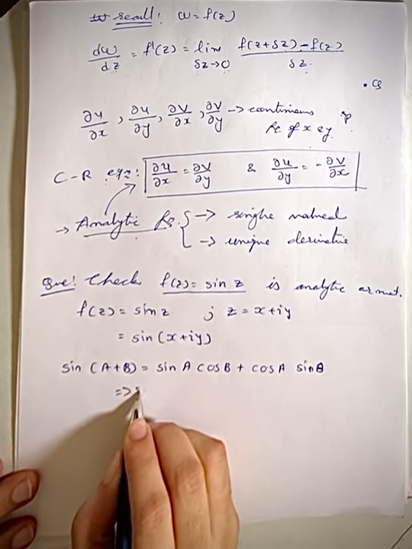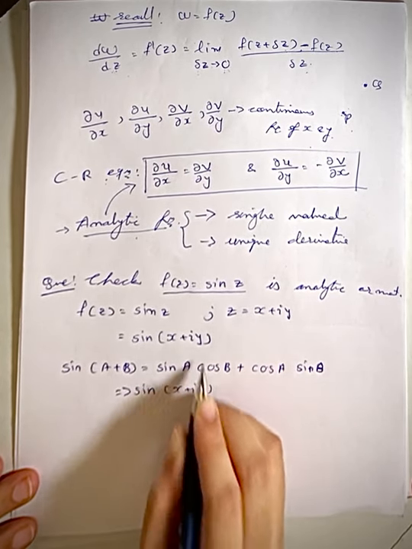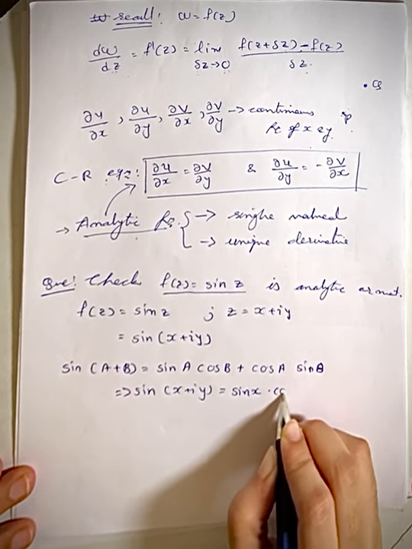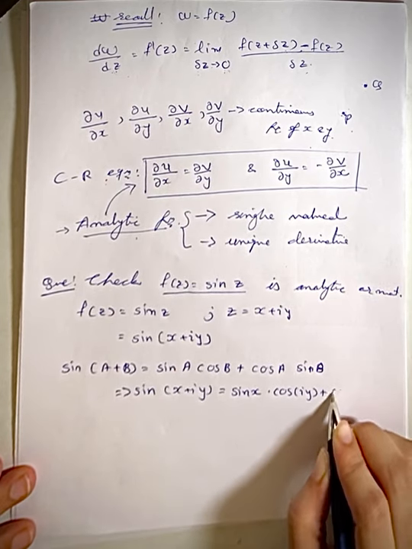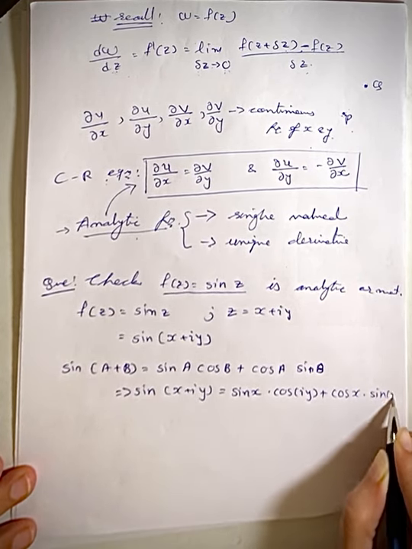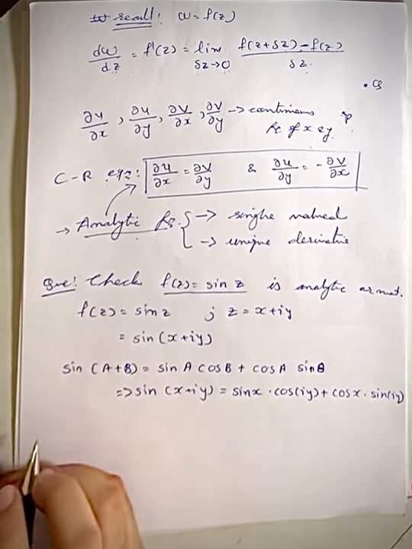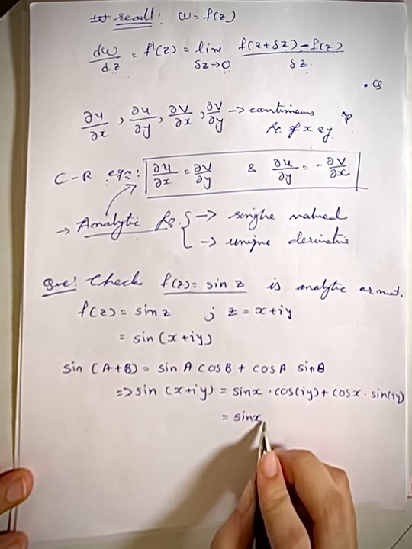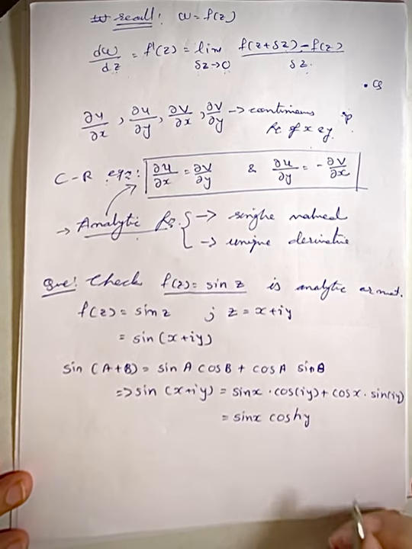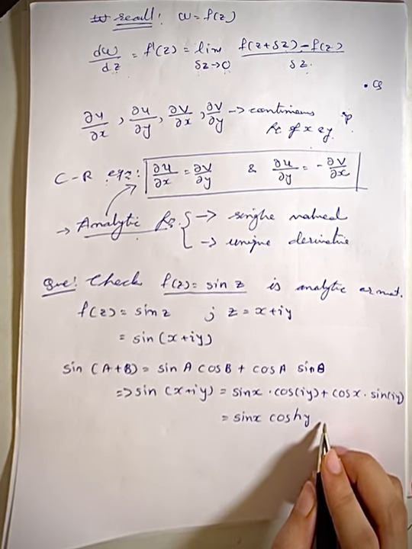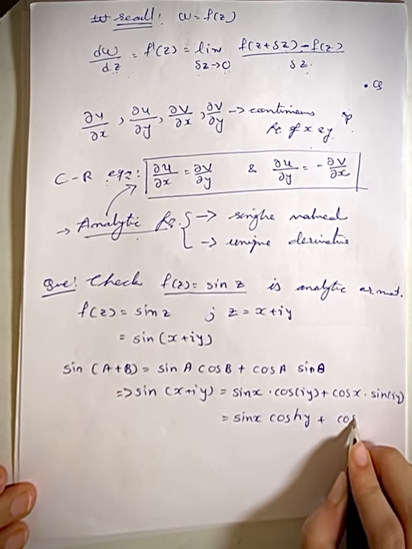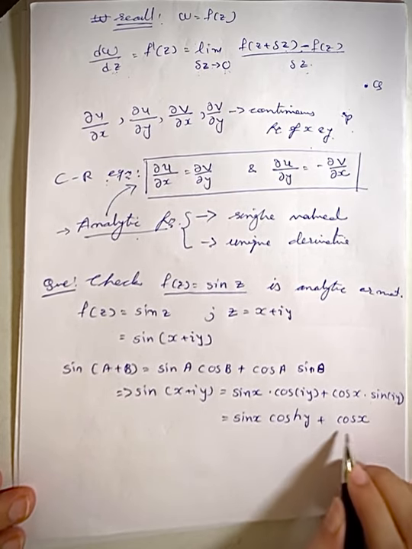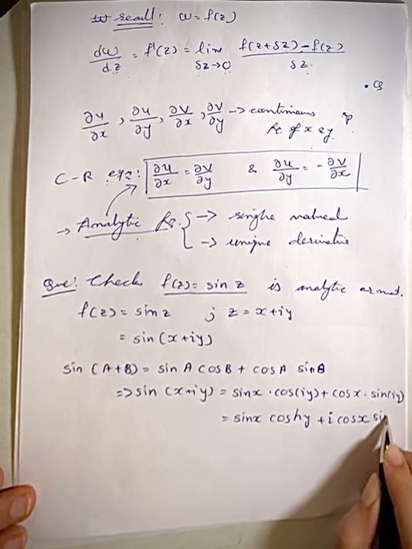So sin(x plus iy) becomes sin x cos iy plus cos x sin iy. Here cos iy is cos hyperbolic y, plus cos x and sin iy is i times sin hyperbolic y.